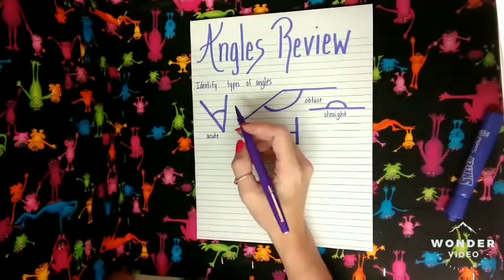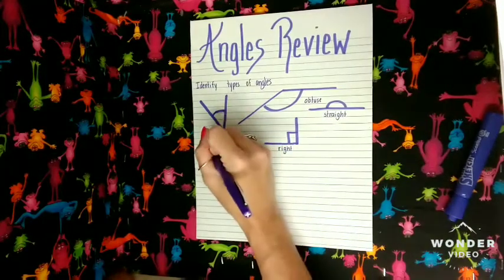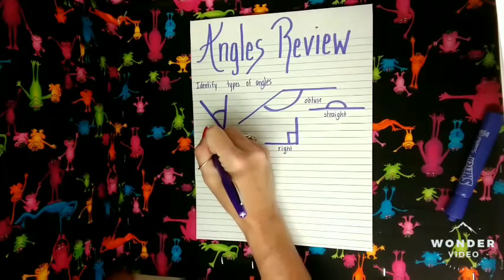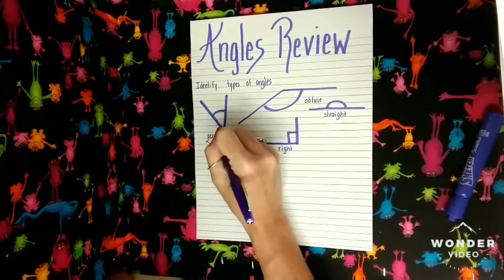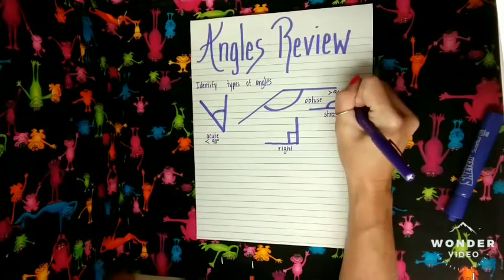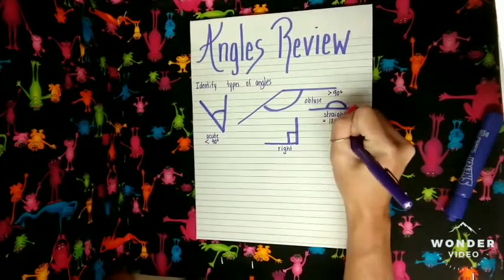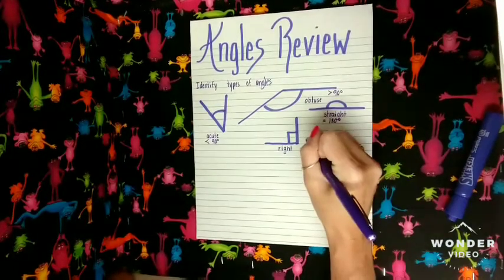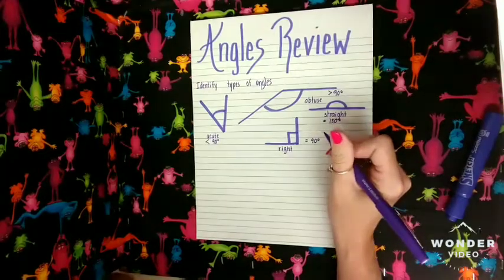So I know that an acute angle measures less than 90 degrees. I know an obtuse angle measure is greater than 90 degrees. I know a straight angle is equal to 180 degrees. I know a right angle is equal to 90 degrees.